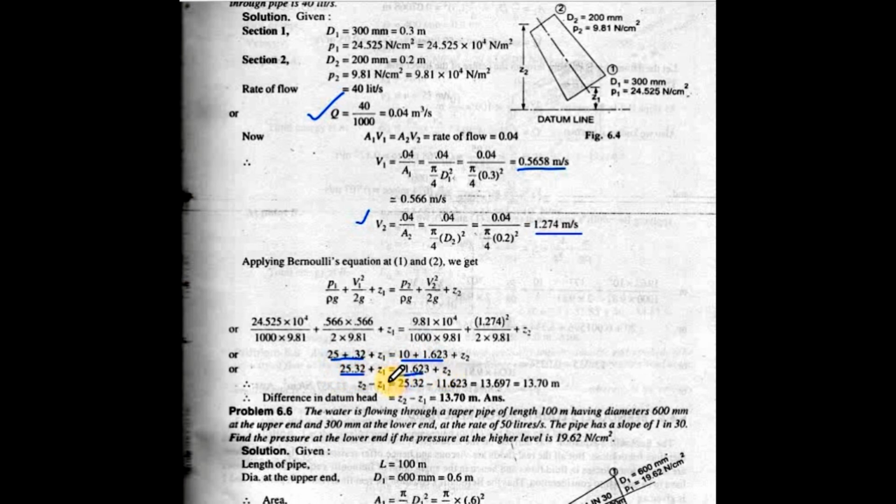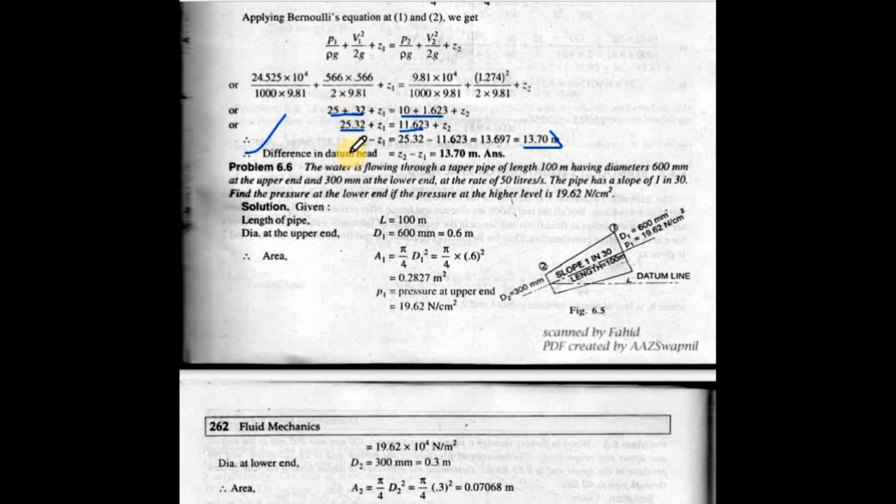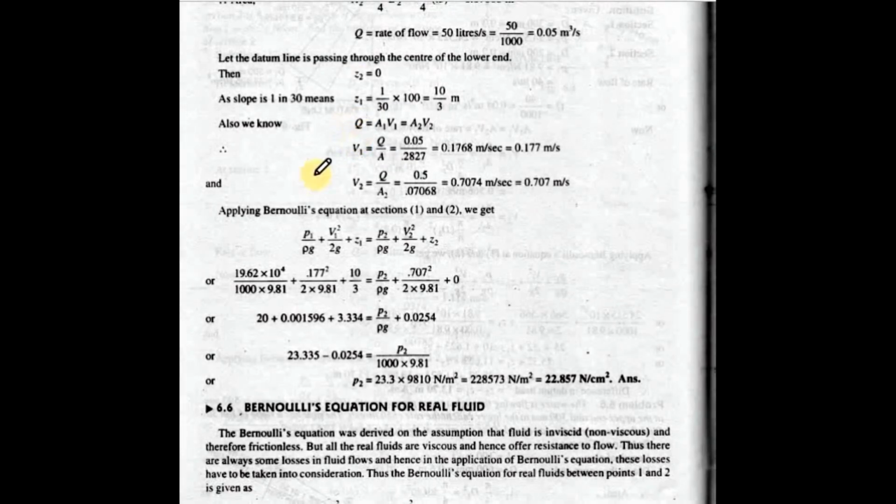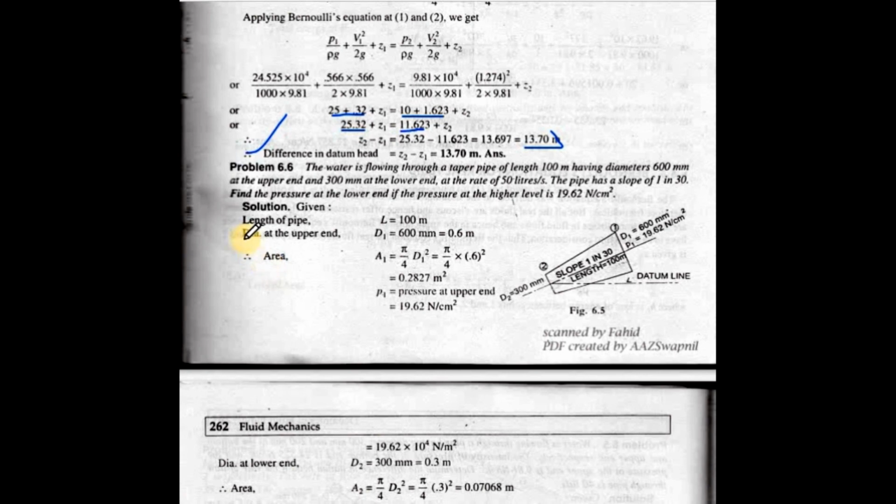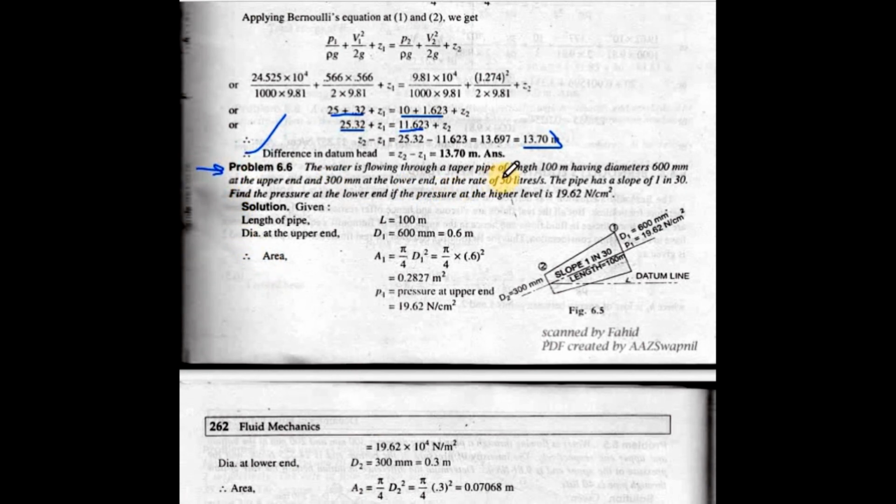So z2 minus z1 will be what? 25 minus 16.623, so that is coming out to be 13.70. So the difference of datum head is what? 13.30. Sorry, 70.